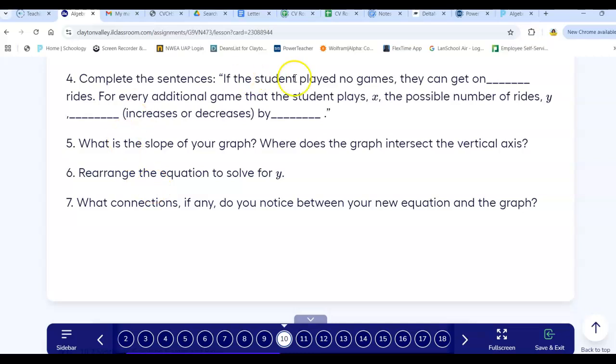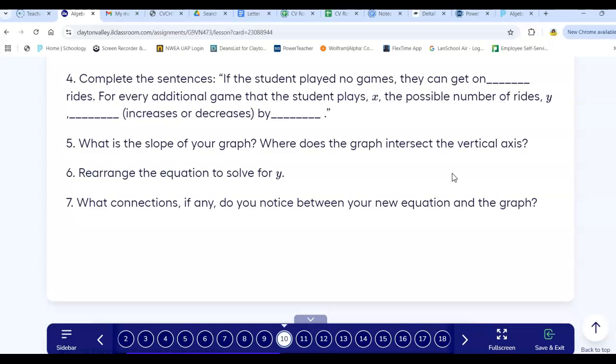So then they ask you to summarize this. And they ask you where the graph intersects the vertical axis. Well, it intersects the vertical axis at 15, right?